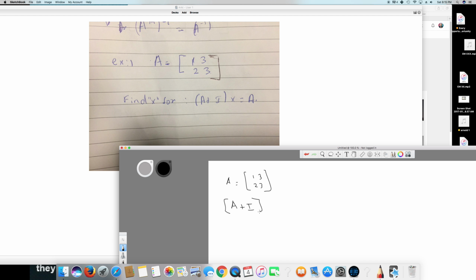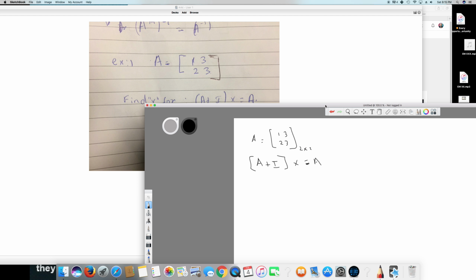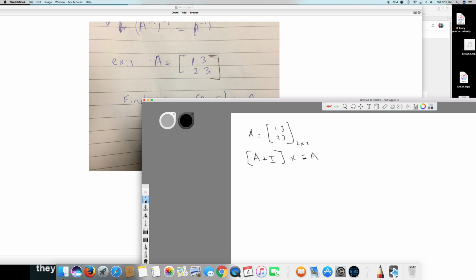So this is a 2 by 2 matrix, and (A + I) times X is equal to A. Since this is true, we have to put A here in the bracket. Let's expand it and find the I. So A is 1 3 2 3, and I'm going to add it with the identity.